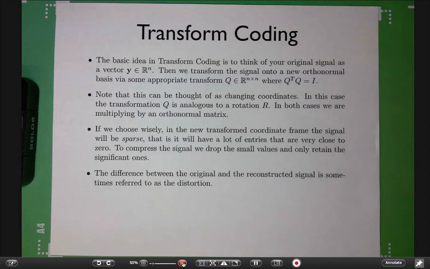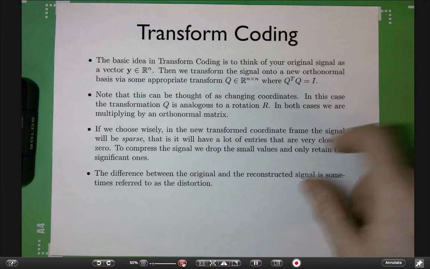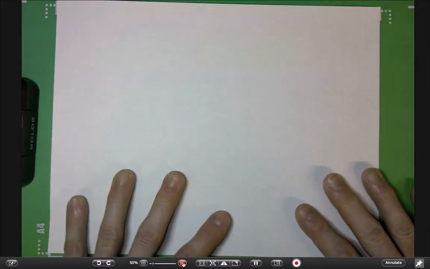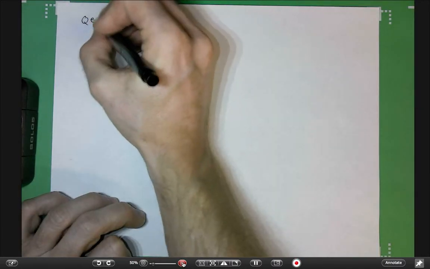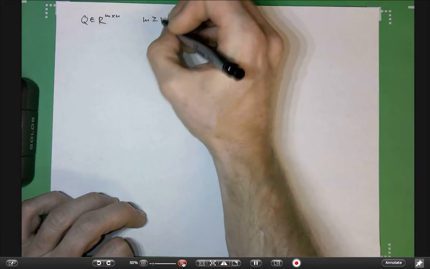So I guess let me first recap real quick the orthonormal matrices. That's what orthonormal matrices led us to. So transform coding is an application of orthonormal matrices. So let's just recap that real quickly. If I had a matrix, which was an arbitrary rectangular matrix, m by n, actually not completely arbitrary, let's assume that m is greater or equal than n.